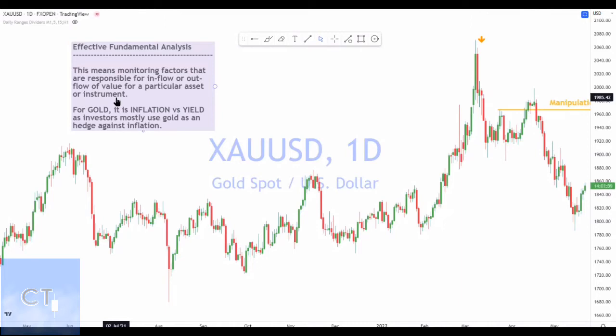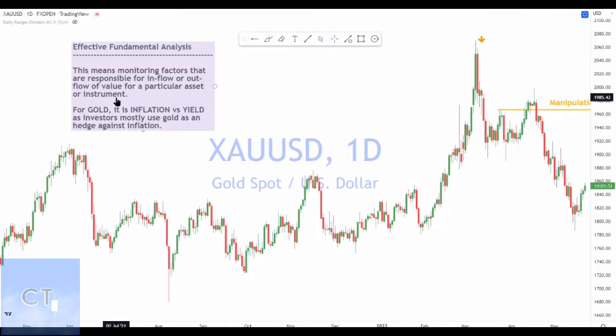And the key to doing this is to understand how the big investors define that particular instrument, how they use it. Once you find out how they use that instrument, how they define it, then you can monitor the events that can make them now sell or buy.